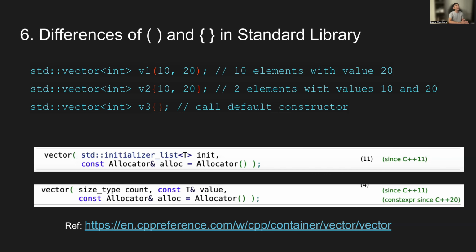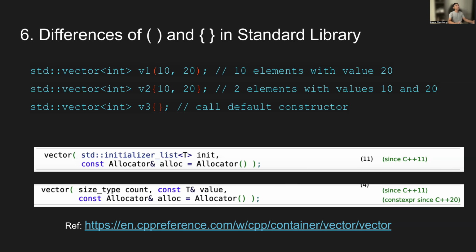So now we have 10 elements with value 20. Interesting, right? For variable v2, we use braces here. This is not initializing 10 elements. We have two different elements here: the first is 10, the second is 20, right?